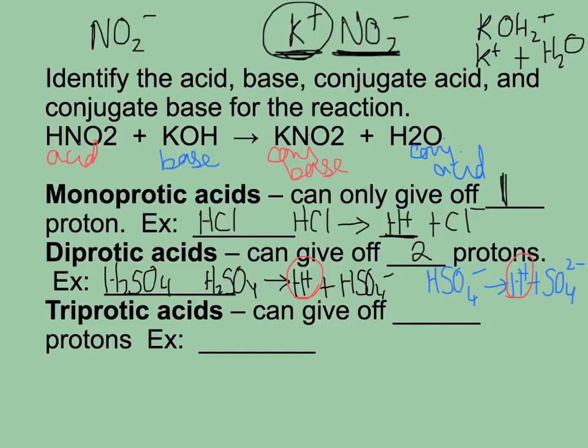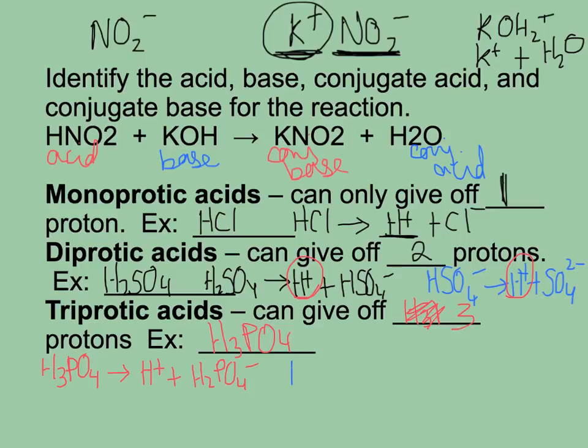Triprotic would mean that it gives three protons. Tri means three. So an example would be H3PO4. Again, it does it in multiple steps. So H3PO4 can give off an H plus and H2PO4 minus.